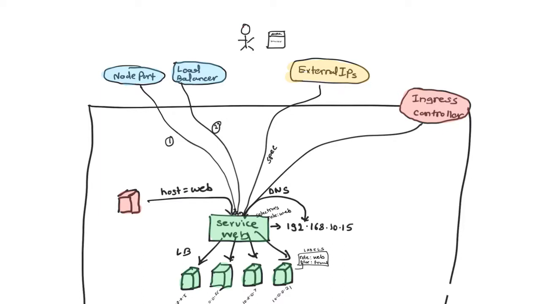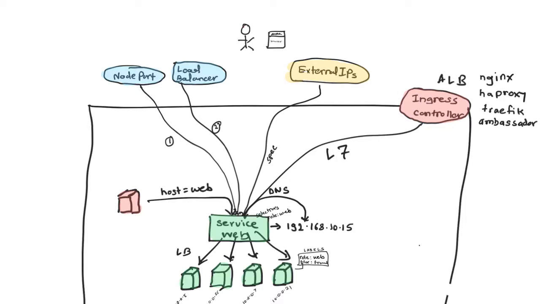Ingress controller is not really a service or any spec of a service or a type of service. It's a different entity altogether which allows you to run an actual application level load balancer, a layer 7 load balancer such as Nginx, kube-proxy, Traefik, Ambassador, and then there are many.